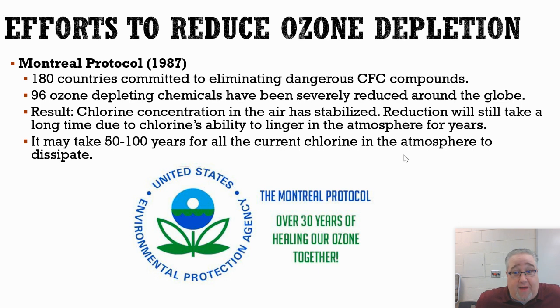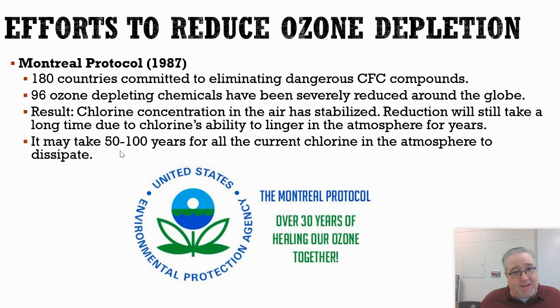The result of that has been really good, because the amount of chlorine that has been allowed to accumulate in the air has become more stable. We're not putting any more of it up there. The problem is the chlorine that's already in the atmosphere, put up there back in the 60s and 70s, is still there, and it lingers.